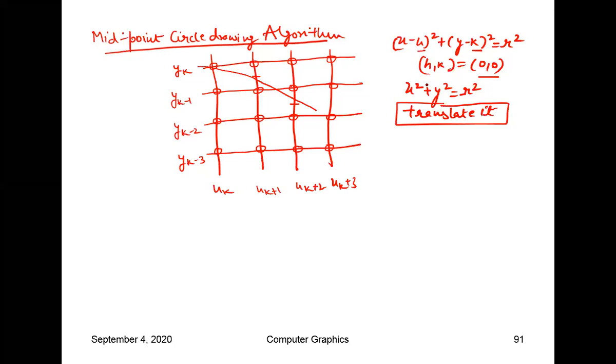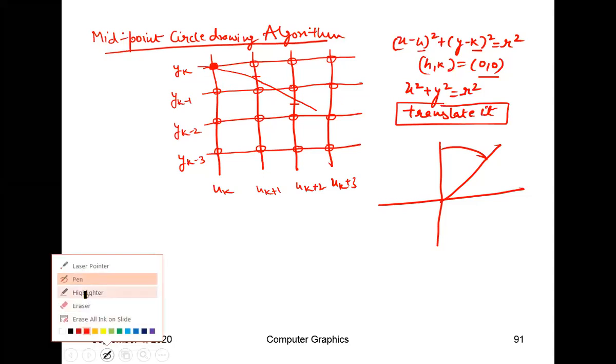In order to draw this circle at the origin, we have to draw that particular arc, which is in this octant. So this is that arc. When we are drawing this arc, we are going downwards like this. The deflection is more in x but less in y. Suppose the first pixel chosen is this, and then it goes downwards like this.